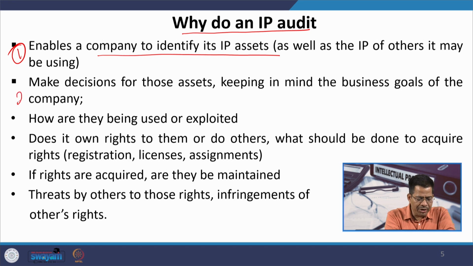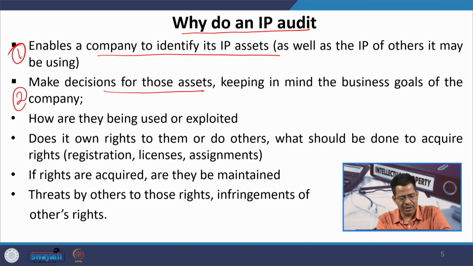Then you will be able to make decisions for these assets, and you need to keep your business objectives in mind while using this information. For every type of IP asset which is useful and usable, you will also use this information on how you are going to exploit them and create economic value from these IPs.